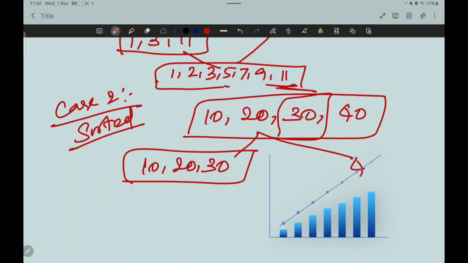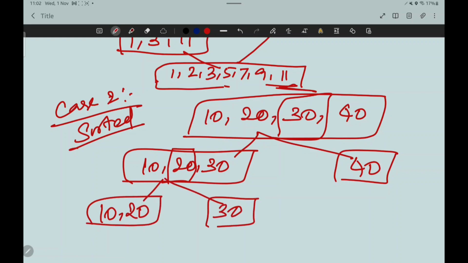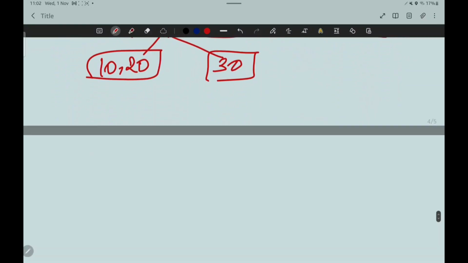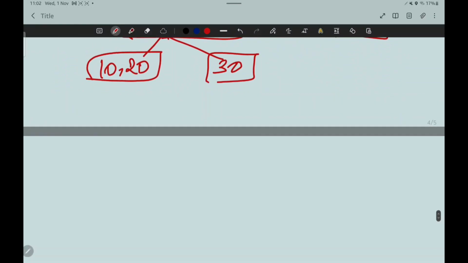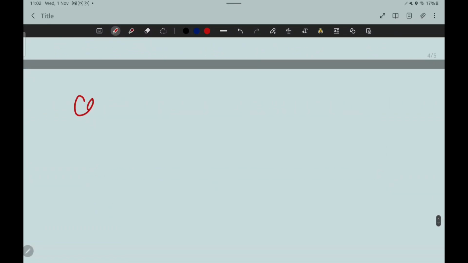If it is in increasing order also, we are dividing the set into 2 by finding the mid element. So we are doing the same process. What we are trying to say is that either it is the worst case, best case or the average case, we are following the same scenario.